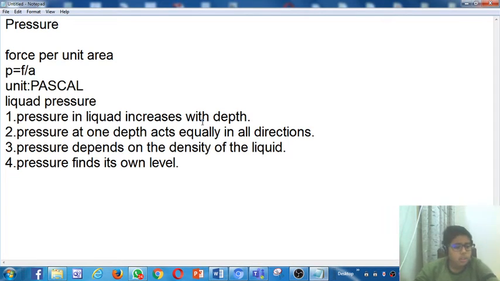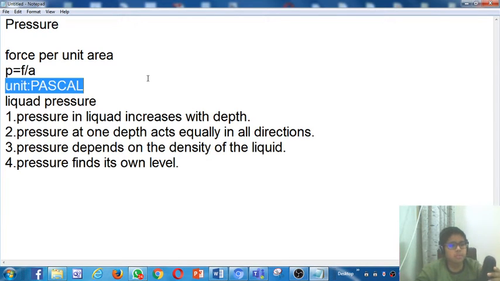Take this bottle filled with water as an example. When I put something here, as I told you, as the force increases, the pressure increases. So the force of the water is increasing here and the pressure is increasing, and the pressure is exerting the most on the thing I put here.